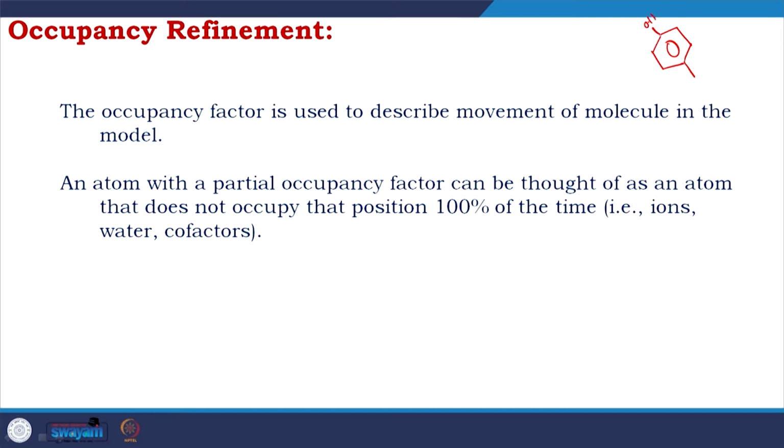Suppose we are talking about a tyrosine. If the tyrosine is having one conformer, the occupancy would be 1.0. But if the tyrosine has two conformers, then the occupancy would probably be 0.5, 0.5, but interestingly it might be others too.